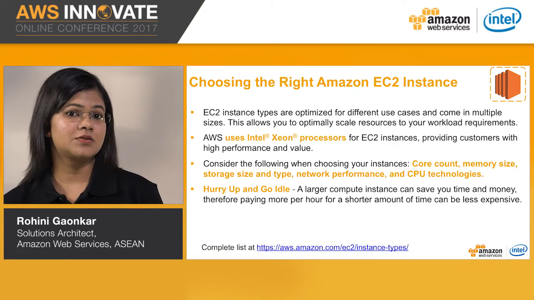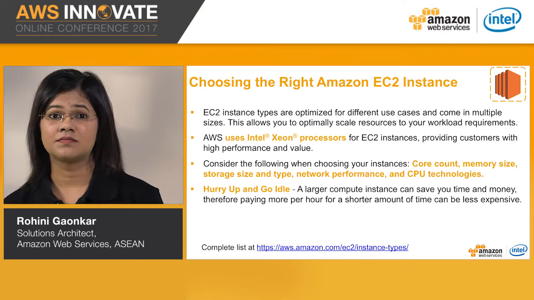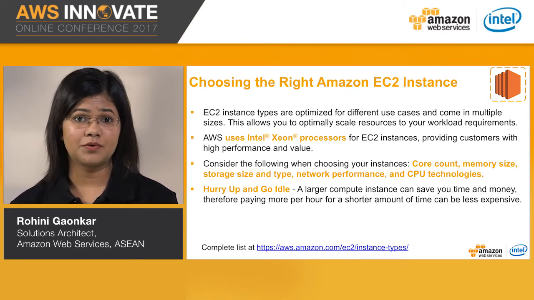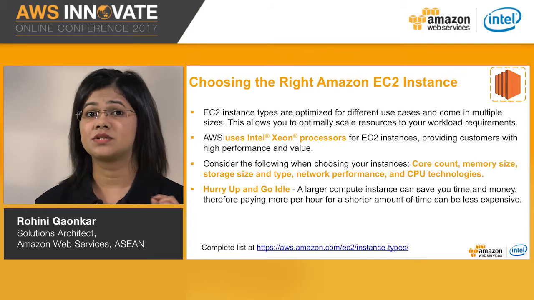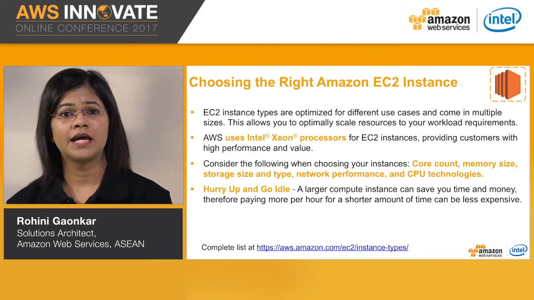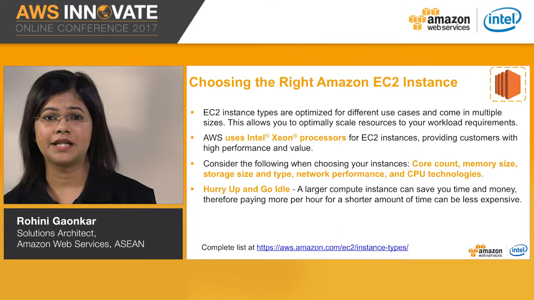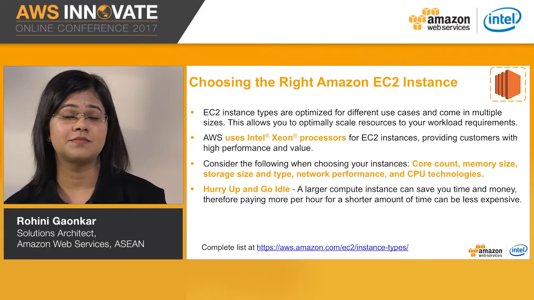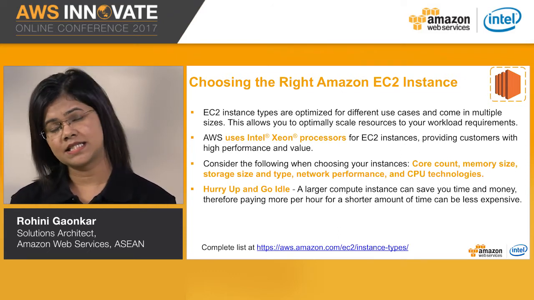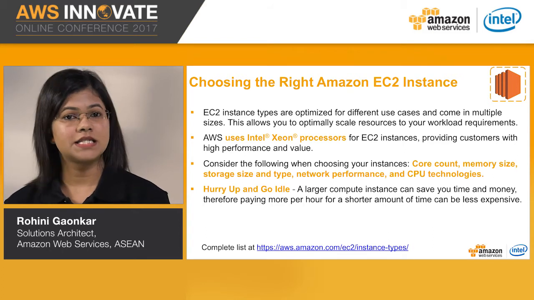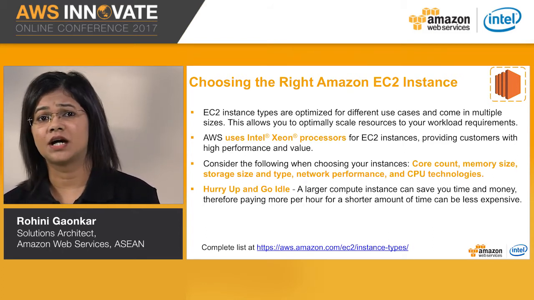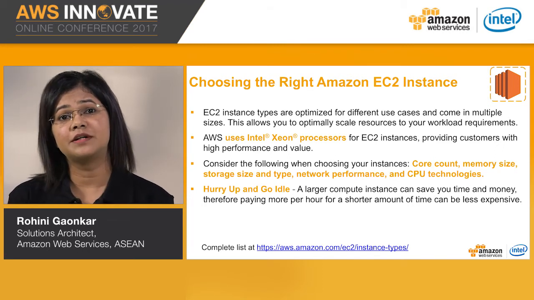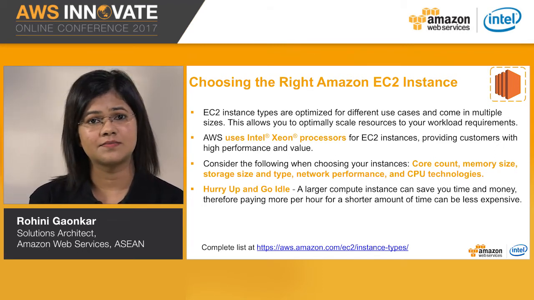Choosing the right EC2 instance type matters. Selecting an appropriate instance type for your workload can save you time and money. AWS has a wide variety of EC2 compute instance types to choose from. Each instance type or family, like T2, M3, C4, C3, G2, R3, etc., is optimized for different workloads or use cases.